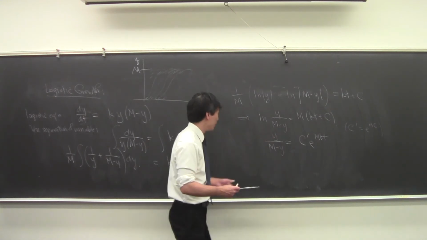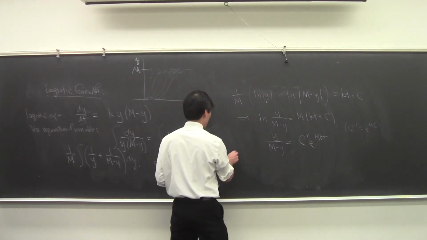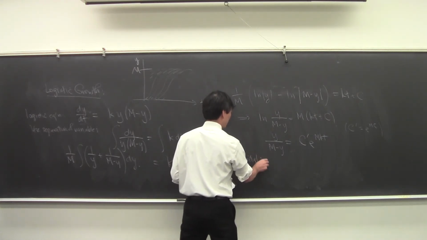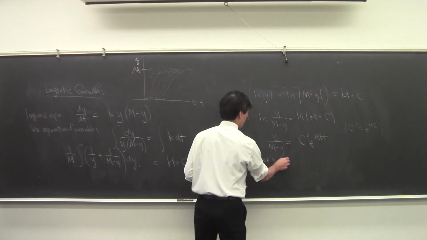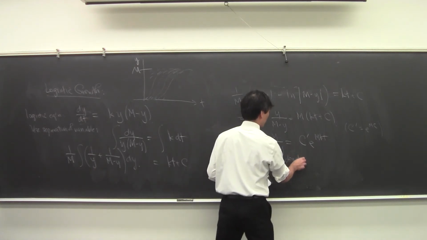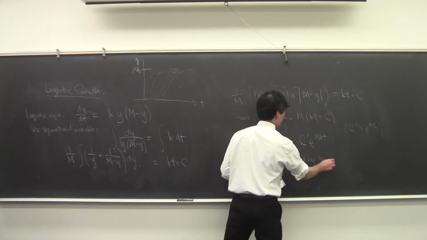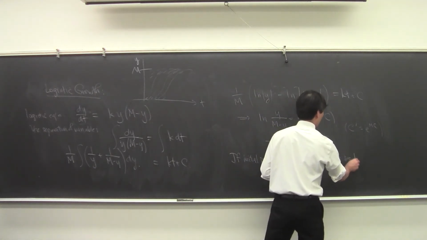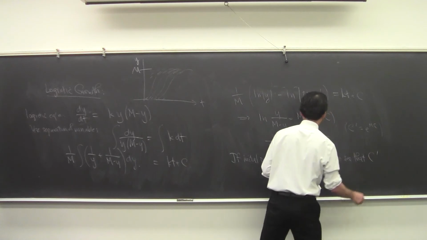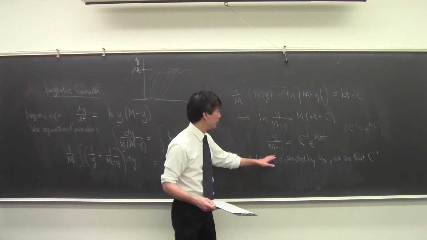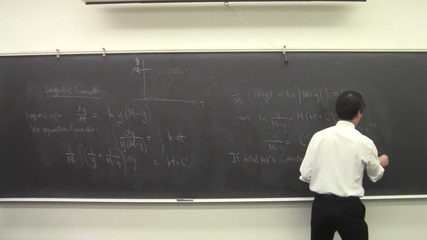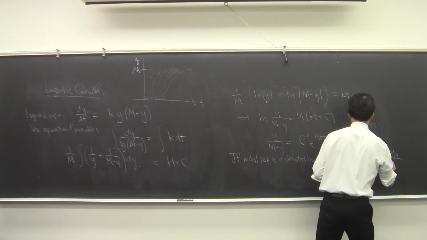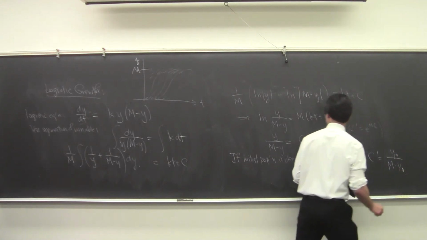Now, if the initial population is denoted by y naught, we see that this c prime is going to be y naught over n minus y naught.